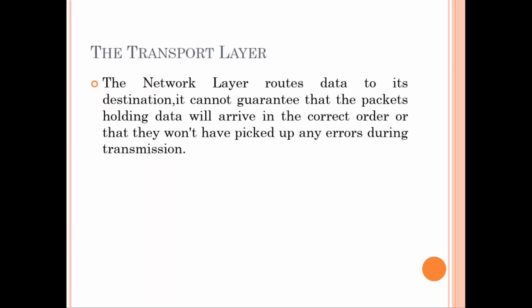The transport layer. The transport layer routes data to its destination. The network layer cannot guarantee that the packets holding data will arrive in the correct order, or that they would not have picked up any errors during transmission.